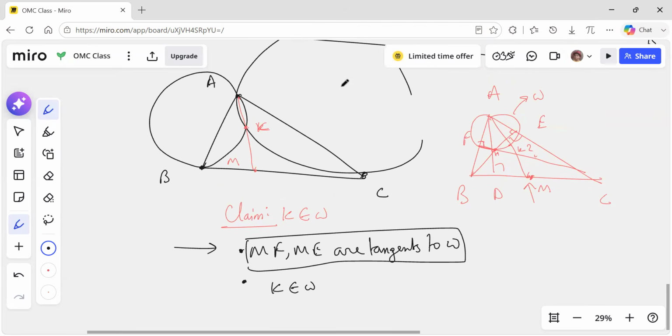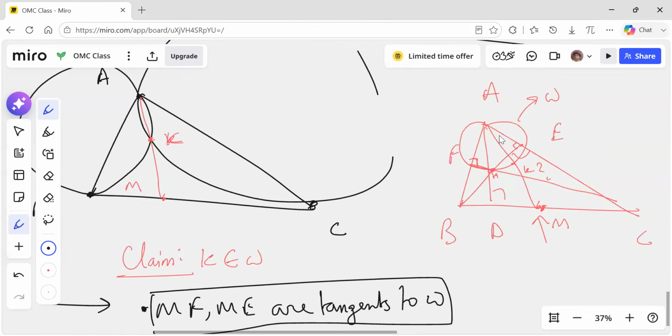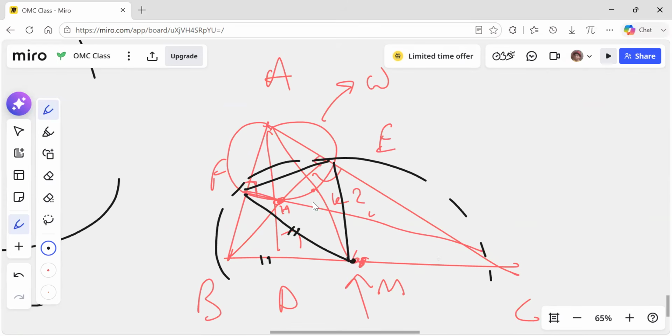We can just angle chase, I guess. Yeah, this is basically just angle chase. Save inversion for later, we'll need it. So you know MF and MB are equal because M is the center of this circle BFEC, right?